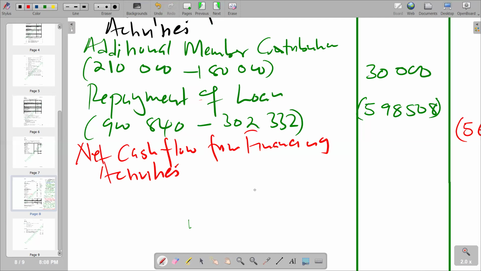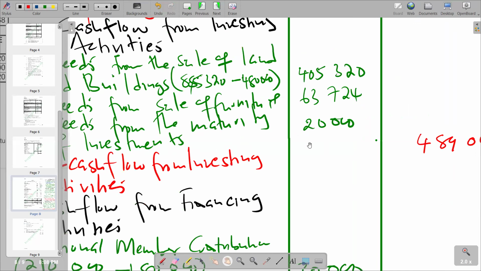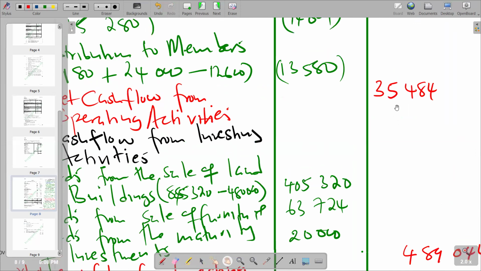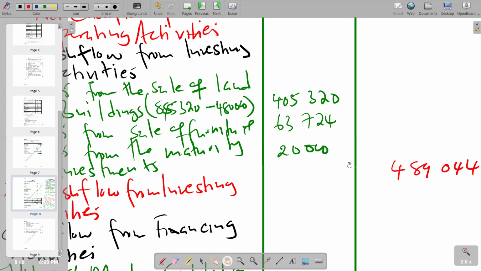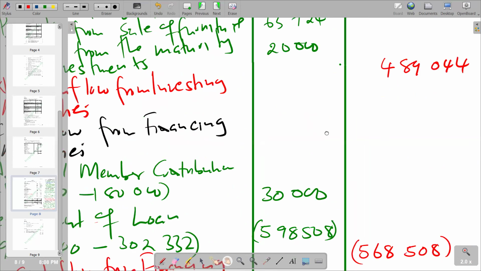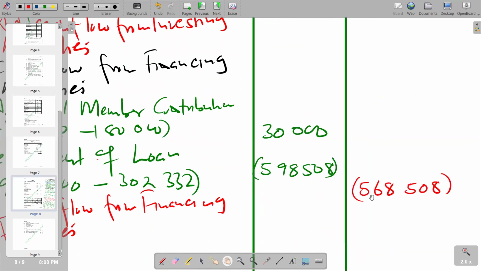So now we want to calculate whether it is an increase in cash or a decrease in cash. You can find it by saying the net for operating was a positive 35,484. You add 489,044, and then you subtract the final for financing, which is a negative 568,508.